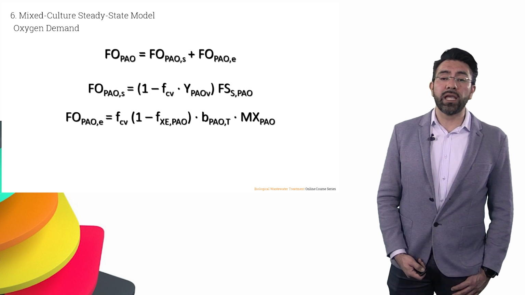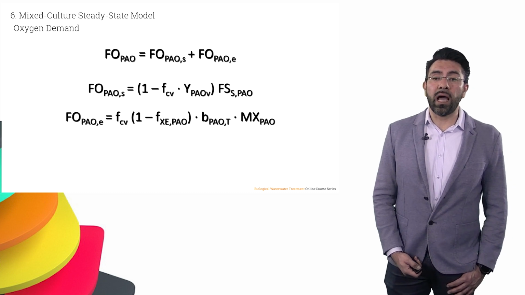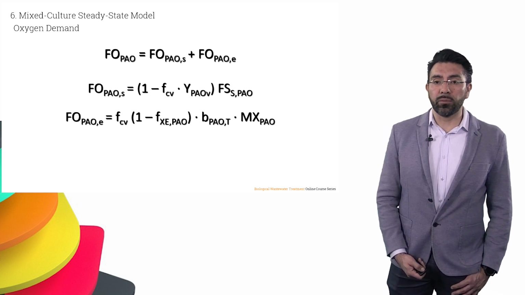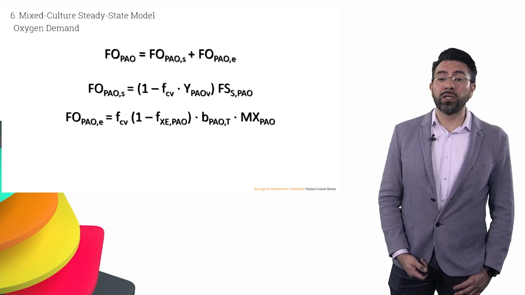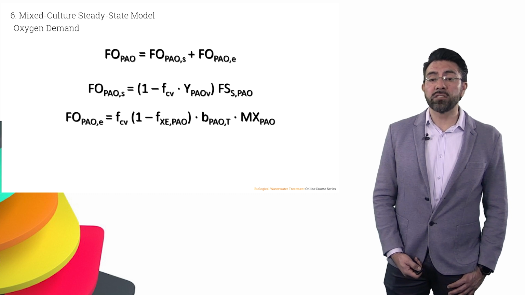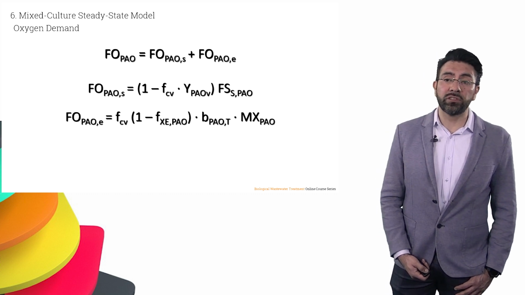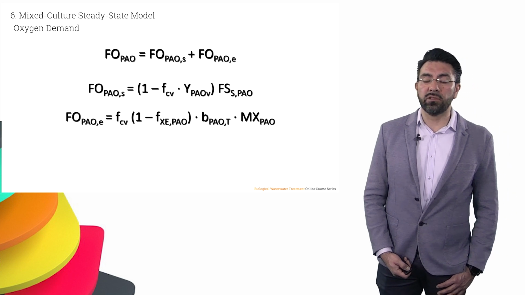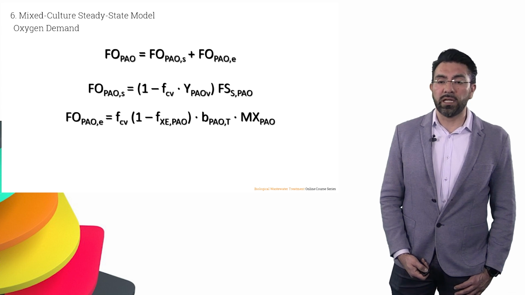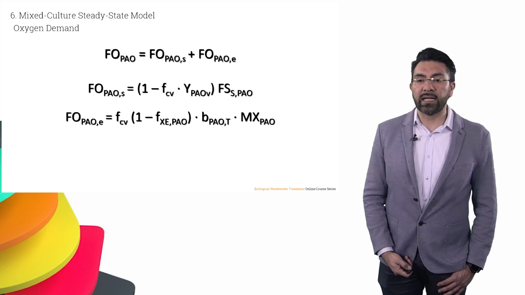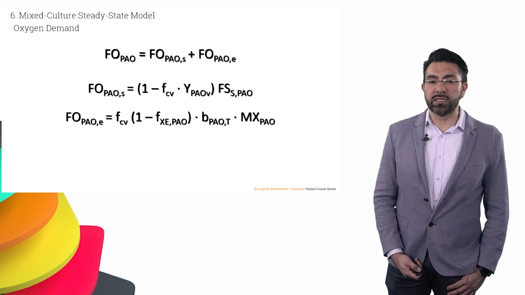For that one, we need to take into account the amount of biodegradable COD that disappears from the system, subtracting the amount that remains based on the fraction of endogenous residue they leave behind after the loss of biomass of the PAOs, affected by the endogenous respiration rate and the active biomass concentration in the system.